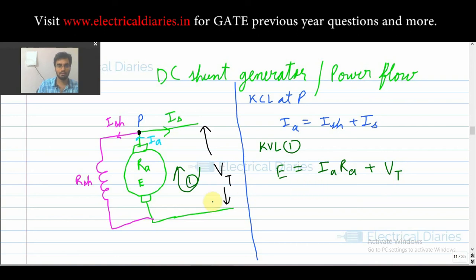You can also apply the KVL in this other loop. So KVL at 2, you can directly write down VT, applying KVL in this whole outer loop, as VT is equal to ISH into RSH. So these three equations will let you solve anything regarding the DC shunt generator.